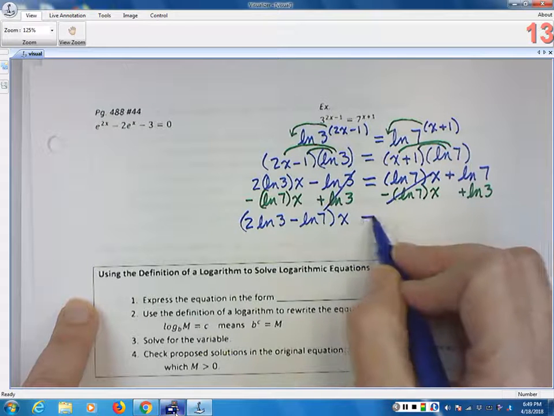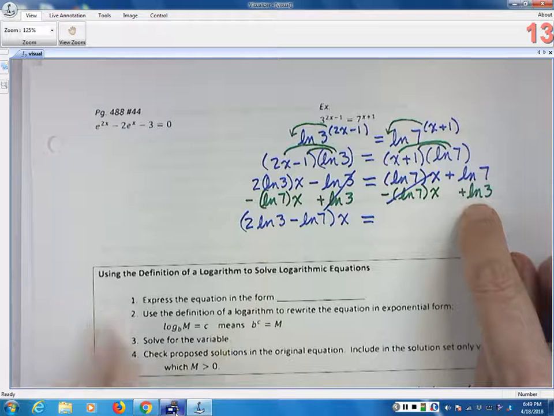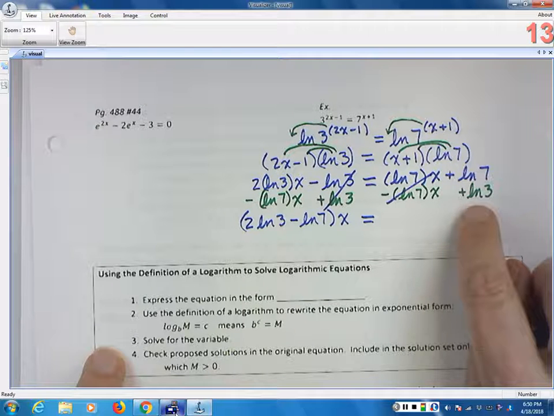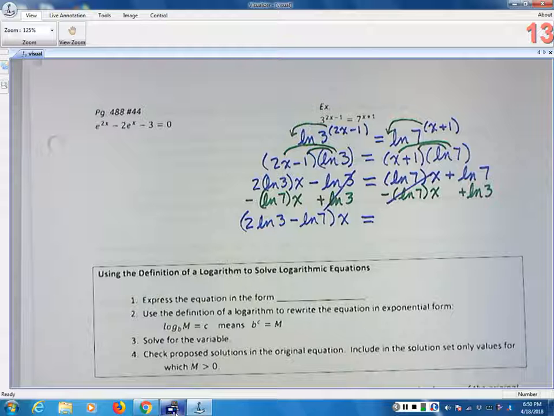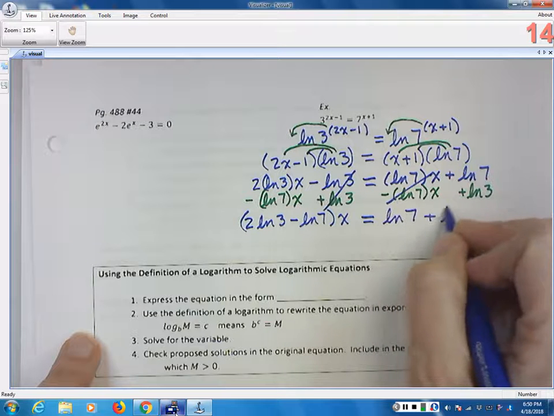On the other side, you cannot combine natural log of 7 and natural log of 3 and make it natural log of 10. You're adding natural log of 7 plus natural log of 3. You could write it as natural log of 21, but we're not going to do that. It's just natural log of 7 plus natural log of 3.